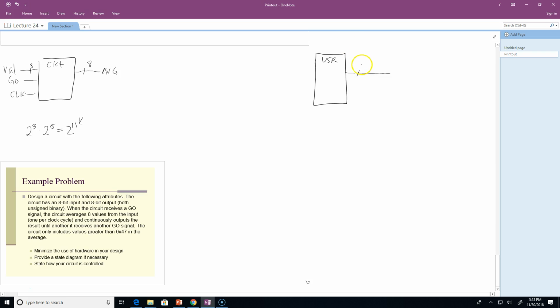I think we agreed it was 11 bits, which means I'm going to squish this down for the final version here, and there's my average right there. So the problem stated that it's an 8-bit output. I just need to do the internal math using 11 bits. Okay, there's my other part here.